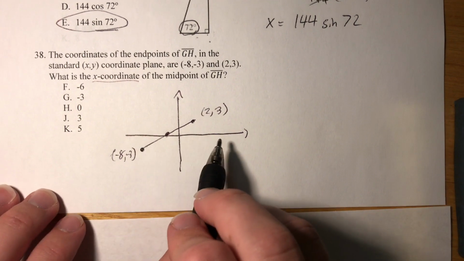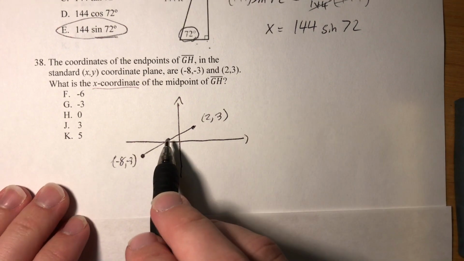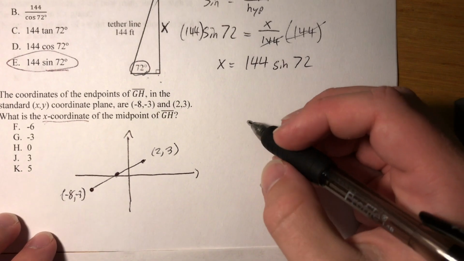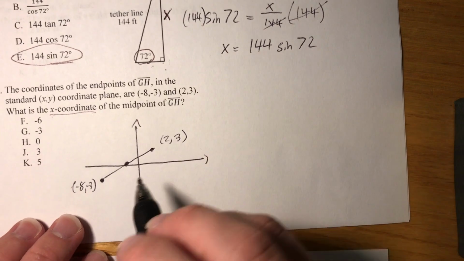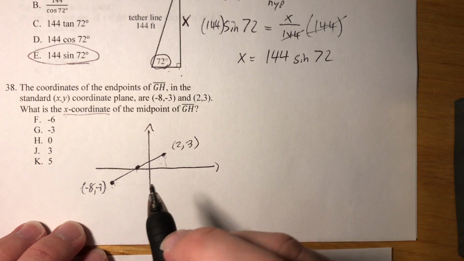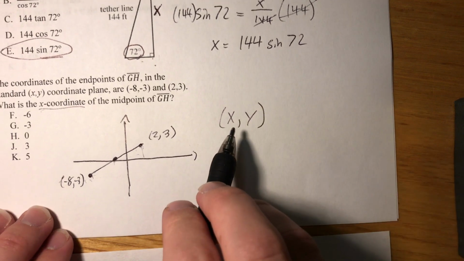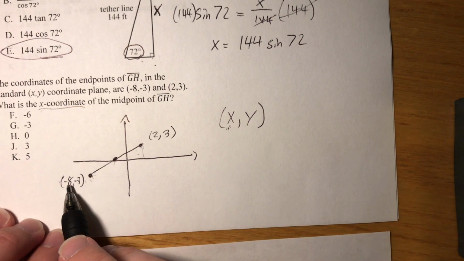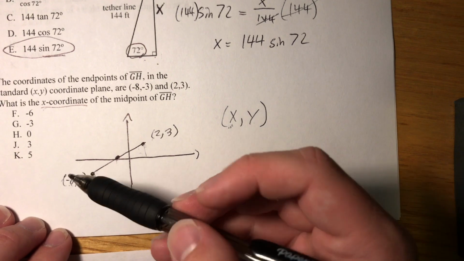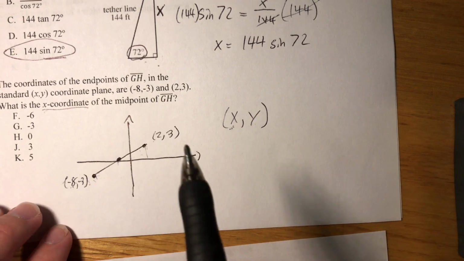Visually, it looks like it'll be on the x-axis. That doesn't necessarily mean it is, and it isn't even really relevant to what we're looking for, because we're just looking for the x-coordinate. But anyways, the midpoint of two points is an (x, y), right? And this coordinate x is the average of the two x-coordinates from your endpoints, and this coordinate is the average of the two y components of your endpoints.